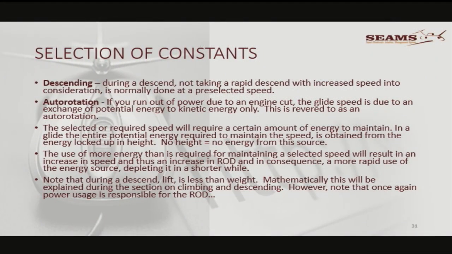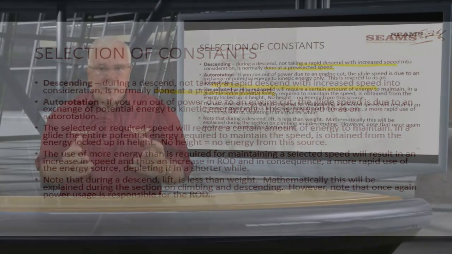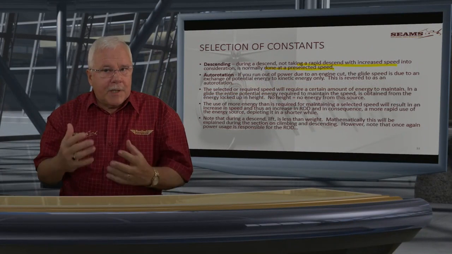Descending. During a descent, I say, not taking a rapid descent into consideration, normal, there's a pre-selected speed. So we again are going to descend at a speed with rotation speed in mind.